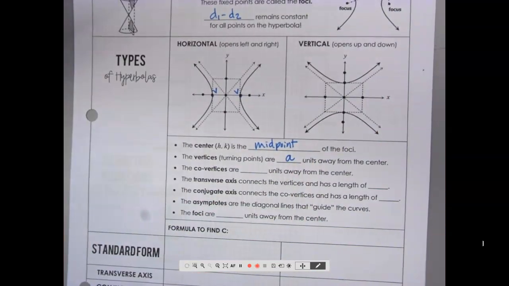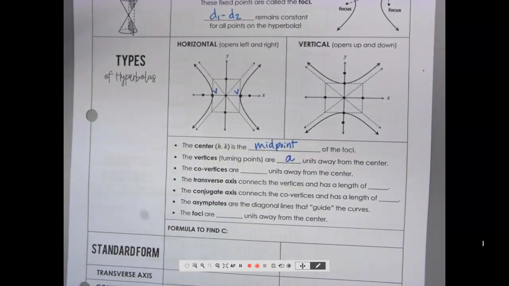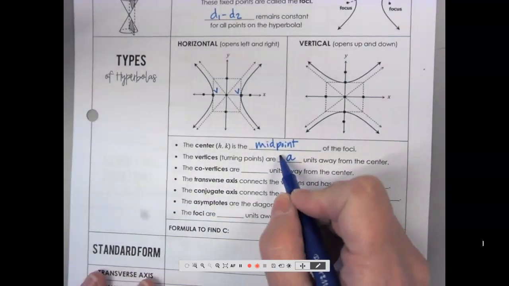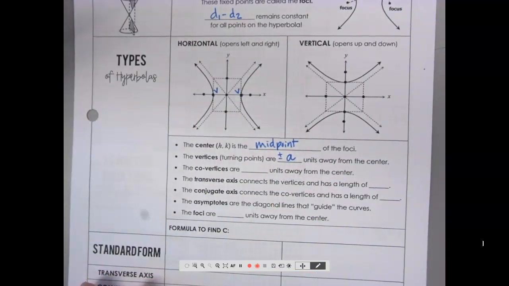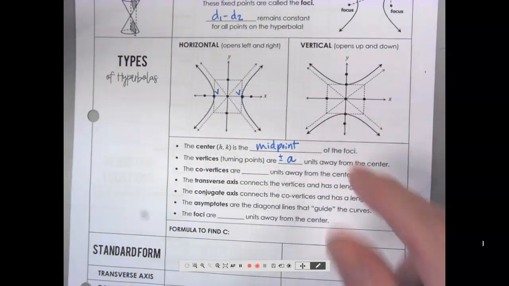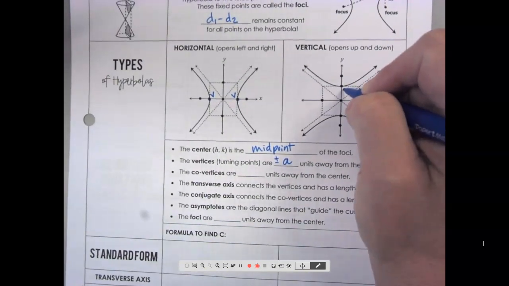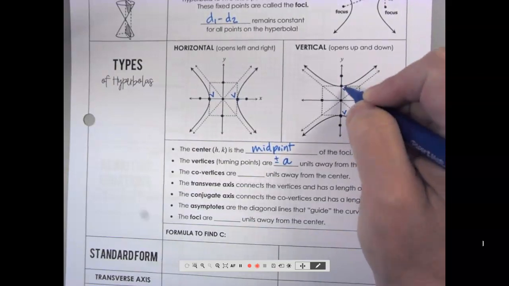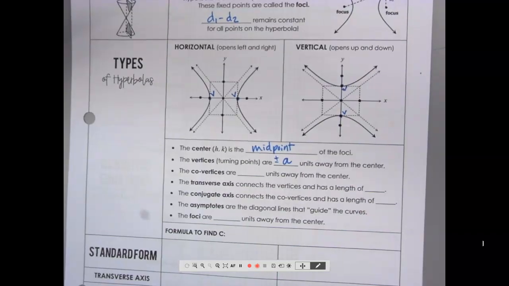So that's the same also. Vertices are a distance of A. One in the positive, one in the negative, so we could say plus or minus A, because we'll either go left and right that amount or up and down that amount. So over here on this right side one, this is a vertex and this is a vertex. Those points right there that would also be called a vertex on a parabola, we call them the vertex here.